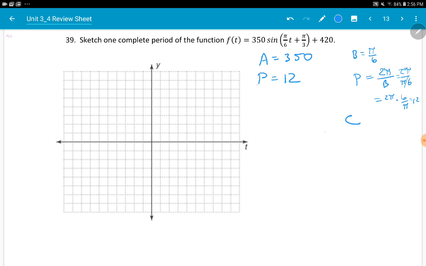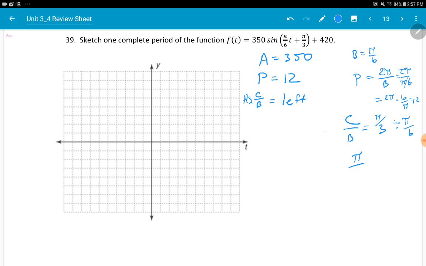And again, C, I don't really care so much about C as I do about the horizontal shift. So here the horizontal shift is C over B. That's the horizontal shift, and it goes in the opposite direction. So it's going to be a left shift since it's positive. So C over B equals pi over 3 divided by pi over 6.